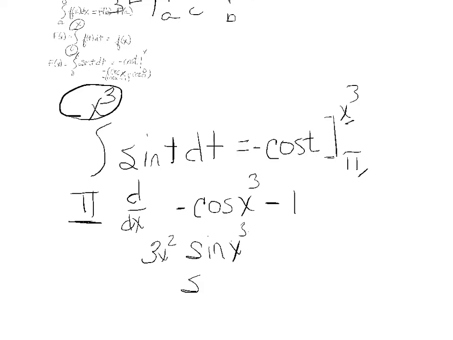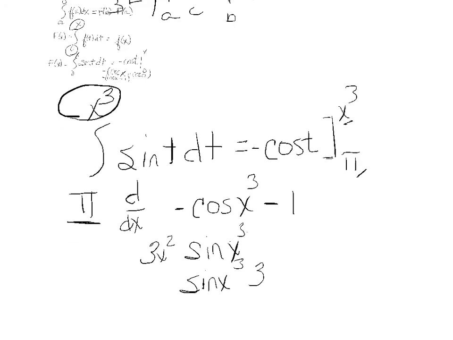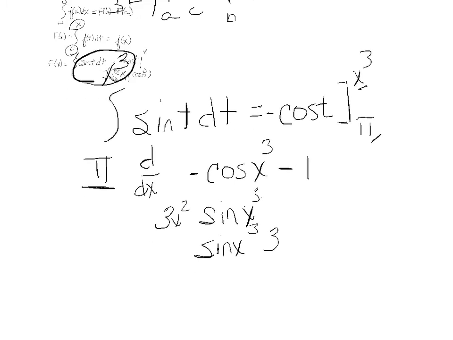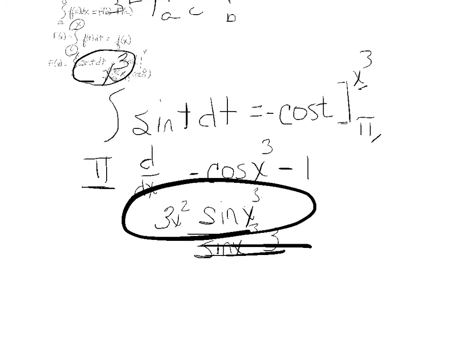Okay, so we get sine x cubed times 3x squared, or 3x squared sine x cubed. We can just leave it that way.